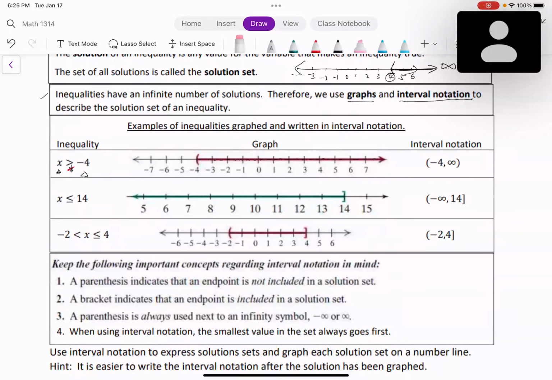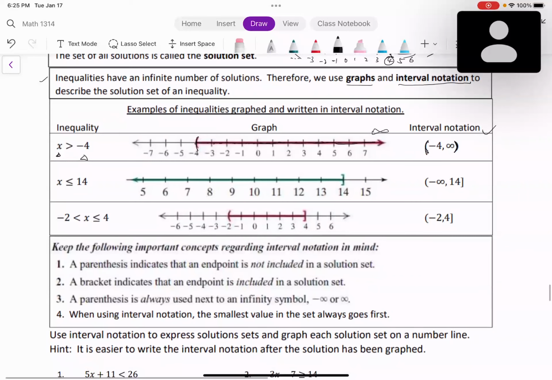So from -4, we use parentheses to infinity. And in interval notation, we write from -4, remember this is parentheses, to infinity, also with parentheses. For negative infinity or positive infinity, we always use parentheses.